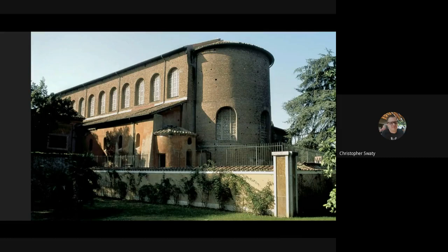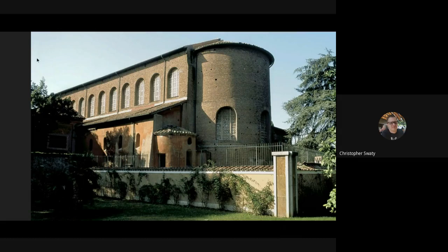Now, this artwork really changes very fast because the Roman emperor declares that Christianity is not just legal, but is now the official religion of Rome.